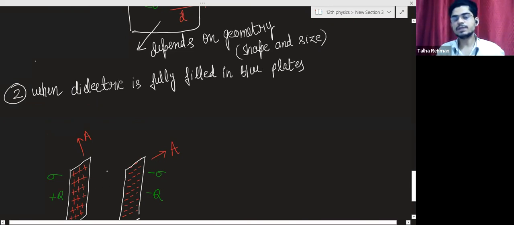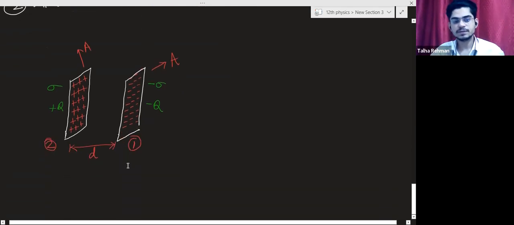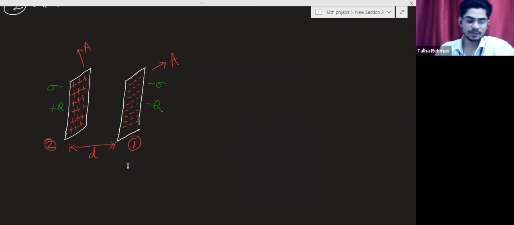Now, in between these plates, the dielectric is filled completely.